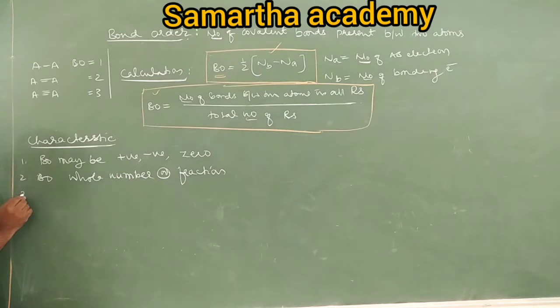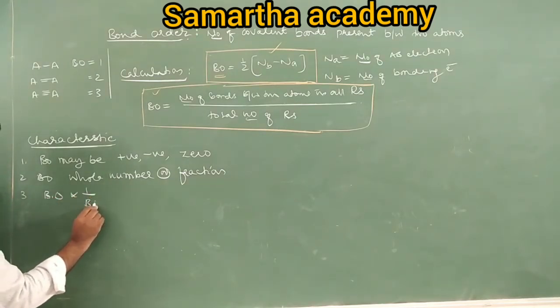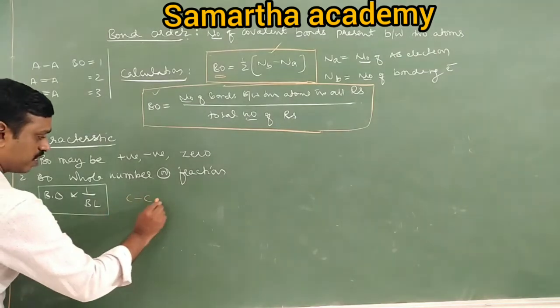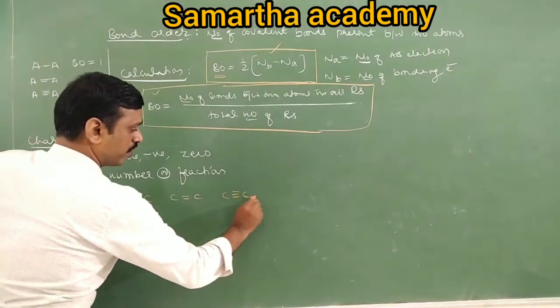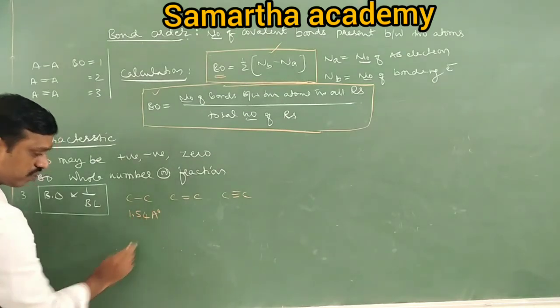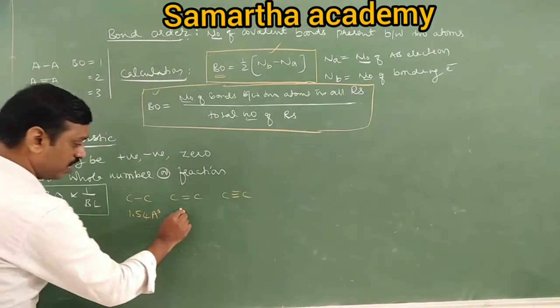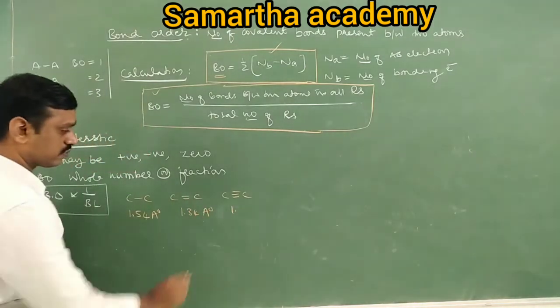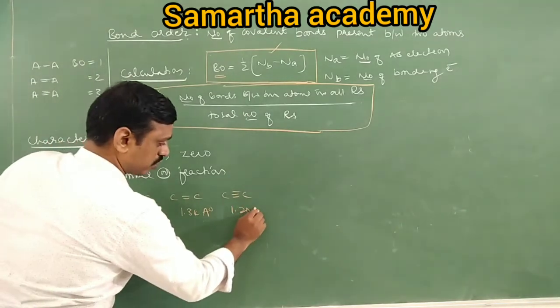Next, third, important: bond order is inversely proportional to bond length. This we also studied in bond parameters. It means when bond order increases, bond length decreases. For example, take carbon-carbon single bond, double bond, triple bond. You must remember the bond lengths: alkane 1.54 angstrom, alkene 1.34, alkyne 1.20 angstrom.